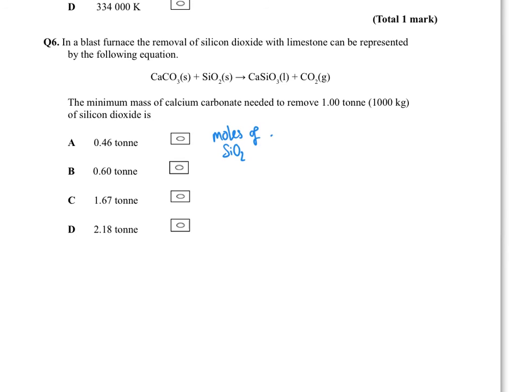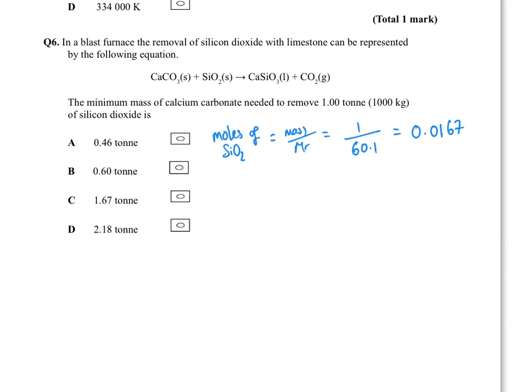Now, as the final answer is in tonnes, I can leave my units in tonnes all the way through this. So I can do mass over Mr and leave my number as 1. So that gives me 0.0167 moles of silicon dioxide.